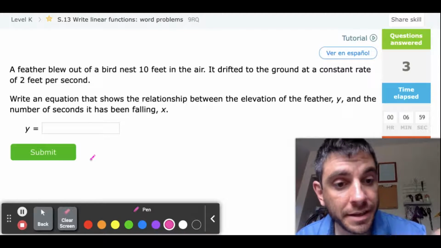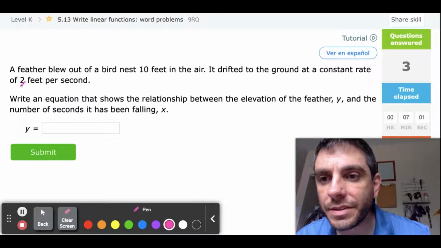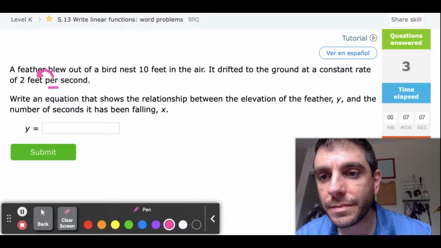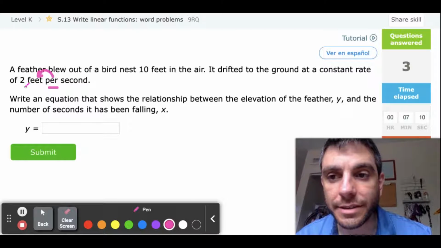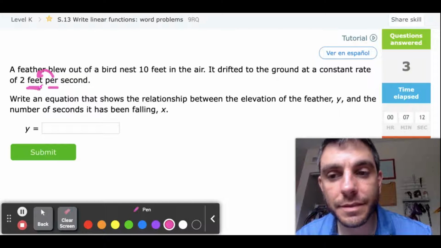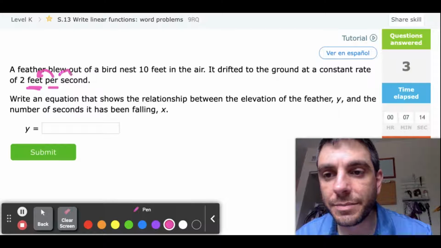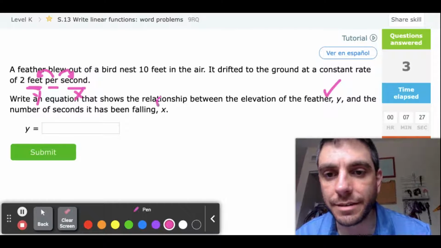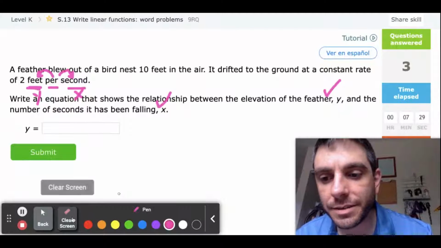If you go to your rate number, which in this case says 2 per second, the thing that comes first, the label specifically, is the meaning of the letter Y, and the thing that comes after the word per, after the rate word, is the meaning of the letter X. So Y is representing feet, X is representing seconds, and you can see that that matches up down here. It's always going to be like that. That's one way to do it.